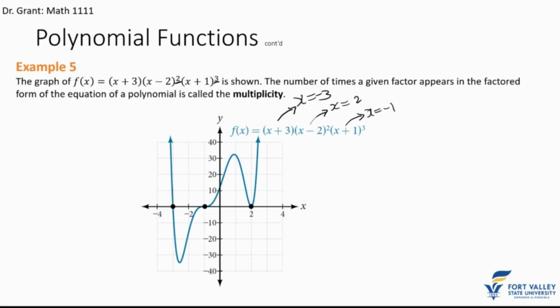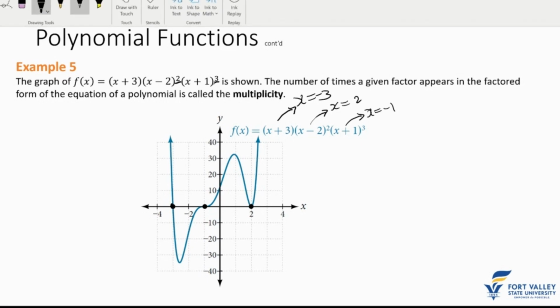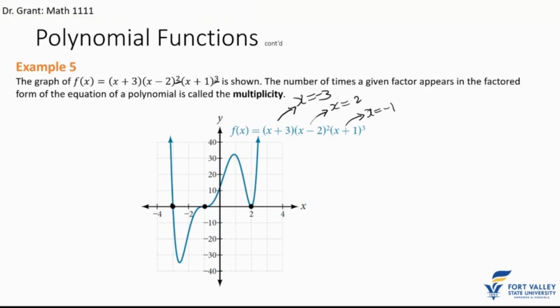All right, so for these, let's look at when x is equal to negative 3. So when x is equal to negative 3, we're here. So what does this mean? Well, notice that the graph went through negative 3.